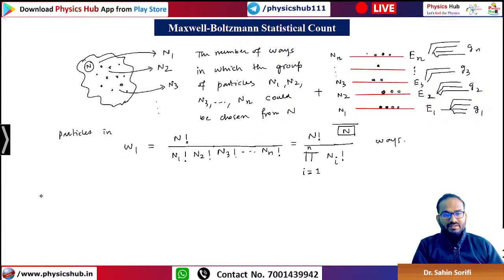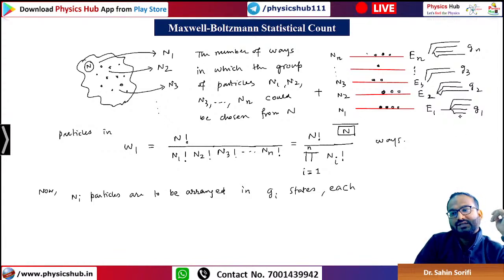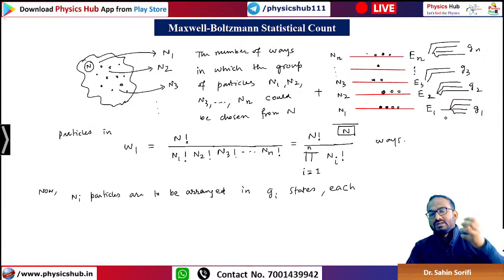Now, Ni particles are to be arranged in Gi states, and each of these states has the same probability. If you come with one particle, that particle can go to this level, this level, or this level with equal probability.